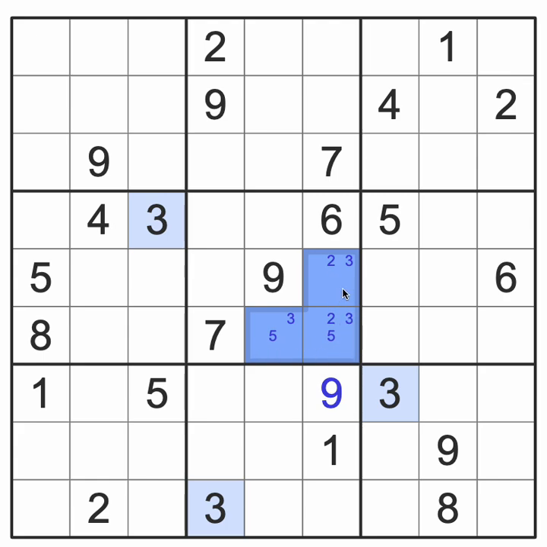That means I cannot place any other number in these 3 cells, because 2, 3, 5 cannot be here. All of them cannot be here. So they will have to be in these 3 cells. So these 3 cells have to use other numbers. In this case, 1, 4, and 8.